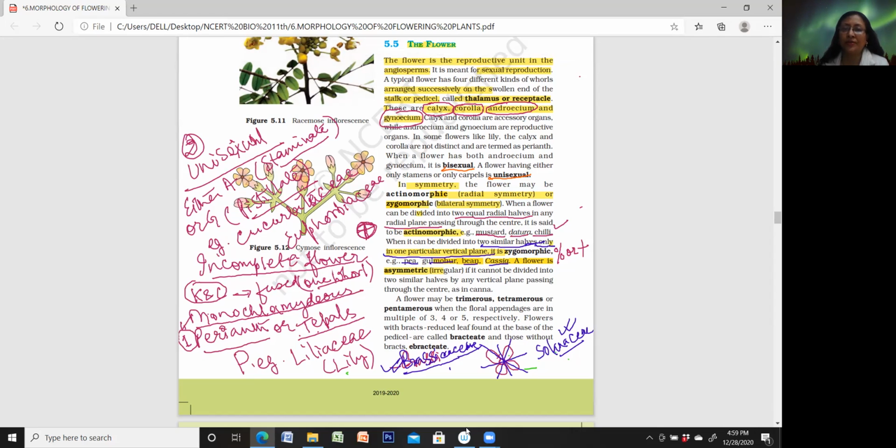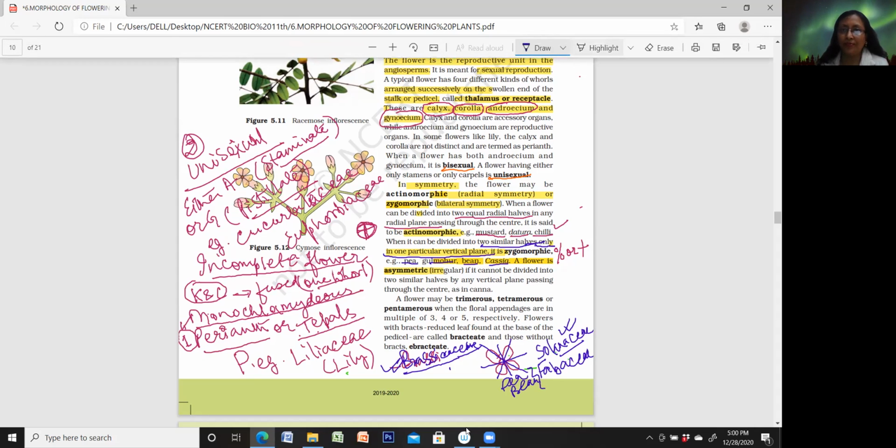Basically, pea and bean are legumes which belong to the family called Fabaceae. Gulmohar and cassia are a bit different family, that is Caesalpinaceae, but they also come under the legumes only.